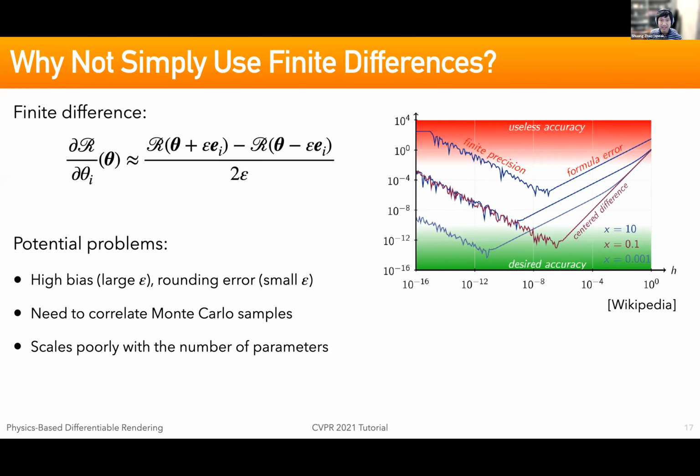Most importantly, finite differences scale poorly with the number of parameters, because you have to do at least one subtraction per parameter. So imagine what happens if you have 1 million parameters. You cannot possibly render 1 million pairs of images. Well, you can, but it's going to take forever. So all these reasons make finite differences not a practical solution when dealing with physics-based inverse rendering problems.